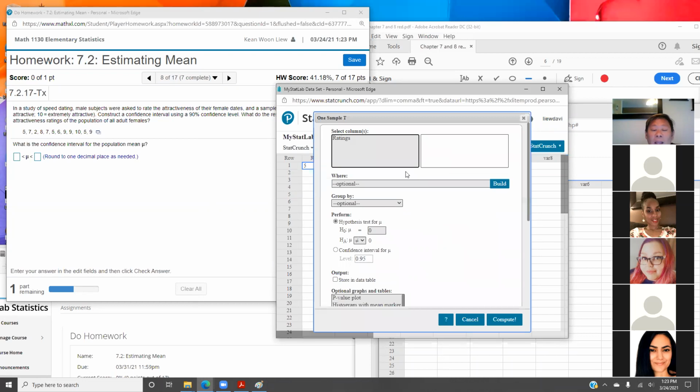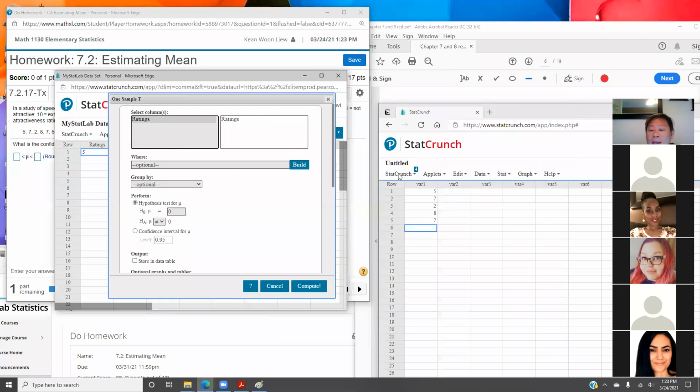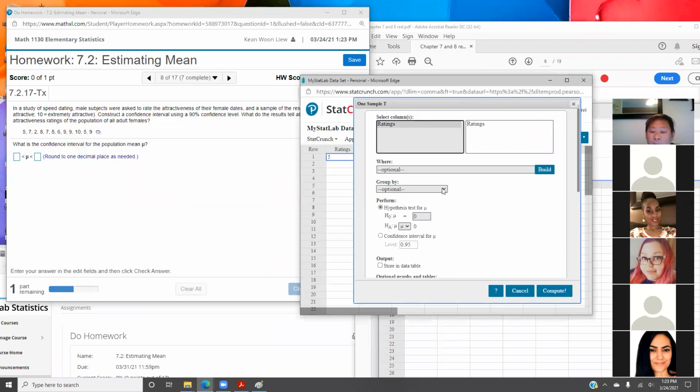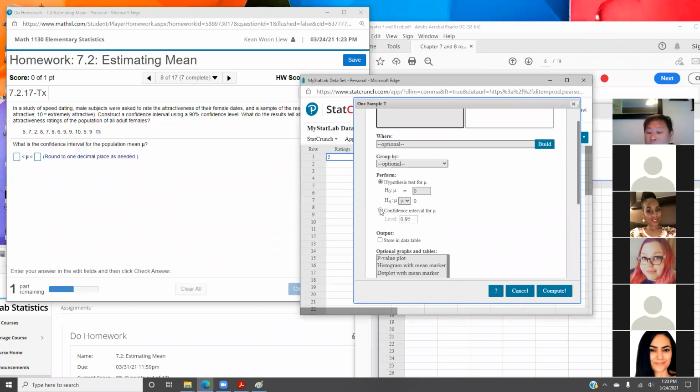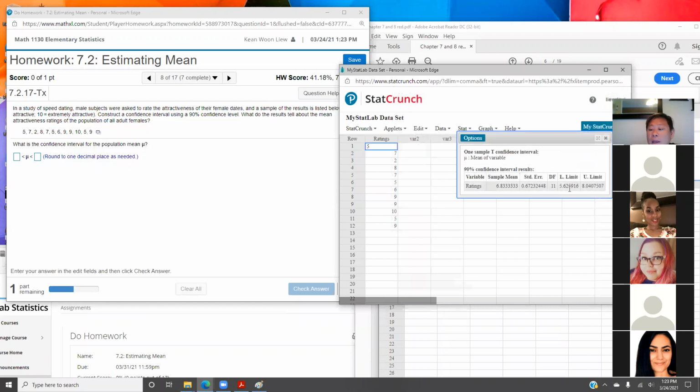The data is under ratings, var1. Leave everything and make sure you click on the confidence interval. What confidence interval do they want you to find? 90. And you hit compute. And this is your answer. It's pretty much easy here.